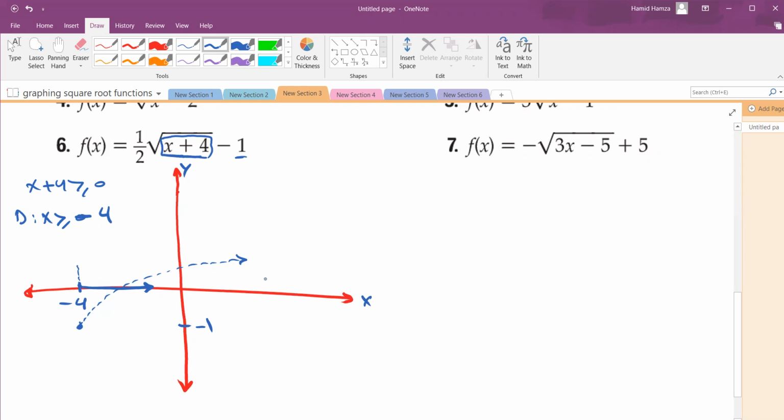So now what about the range, guys? The range describes the value of y. The graph starting from what? From y equals what? -1. And go up or down? So the graph above -1 or beneath -1, yeah, man?